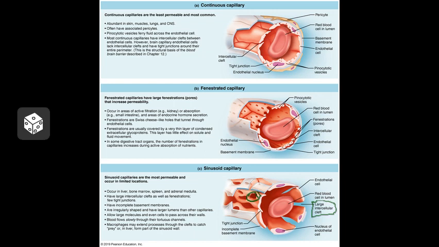And so you can see here that many things can cross from inside to outside of the capillary. When you add to that the fact that the basement membrane here is incomplete, there are actually gaps in the basement membrane, that makes it even leakier. The sinusoid capillaries are the leakiest capillaries in the body.